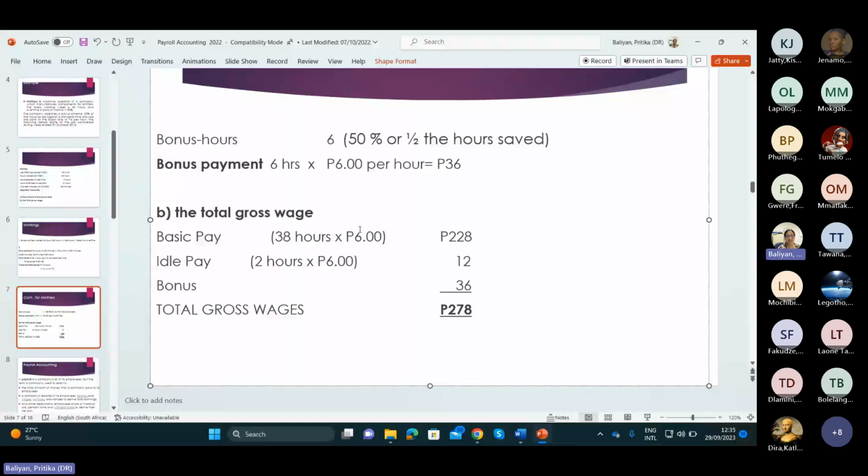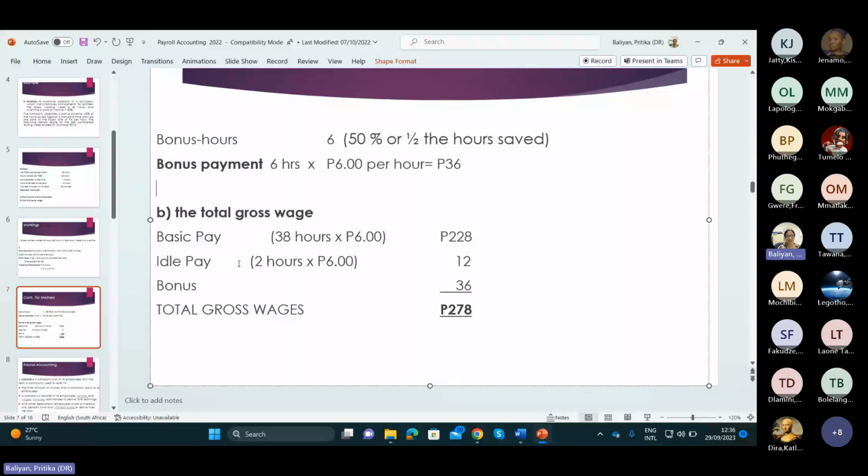So the basic pay for 38 hours, he actually worked for 38 hours with the rate of 6 pula, is 228. He was idle for 2 hours, but maybe it is a normal idle time.